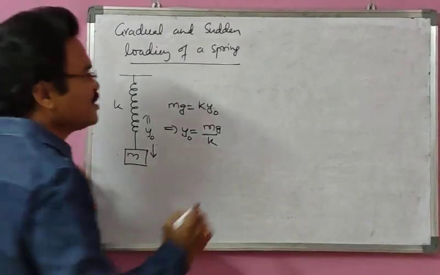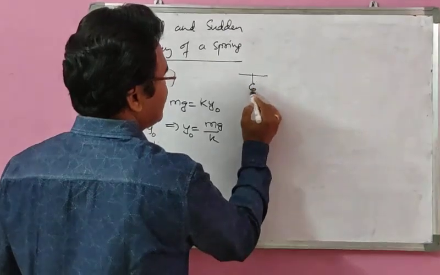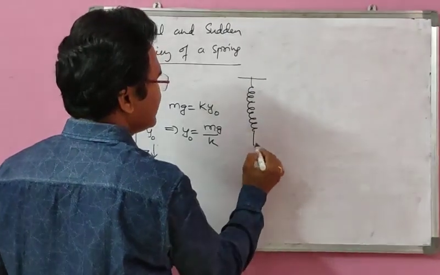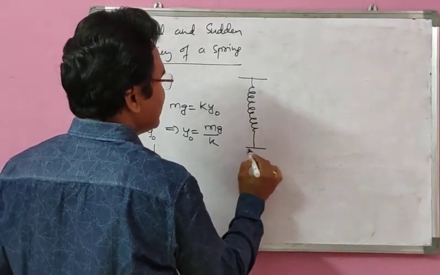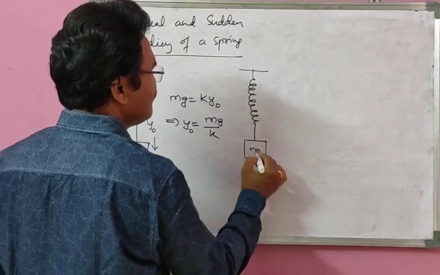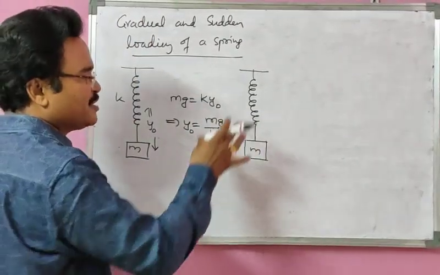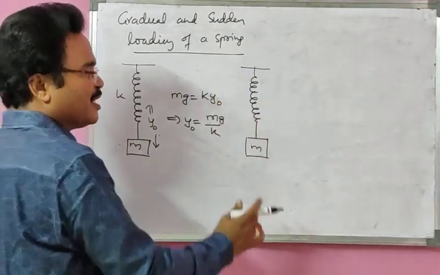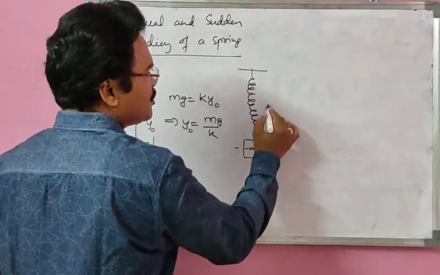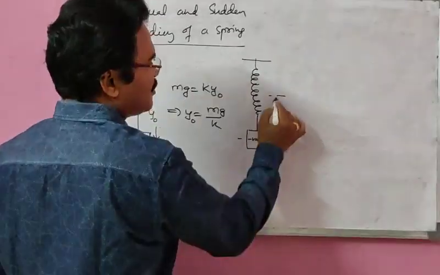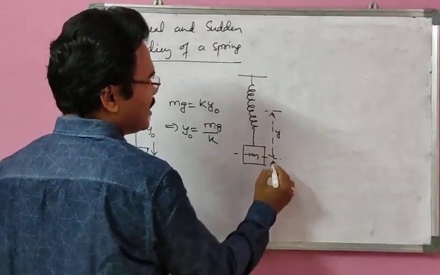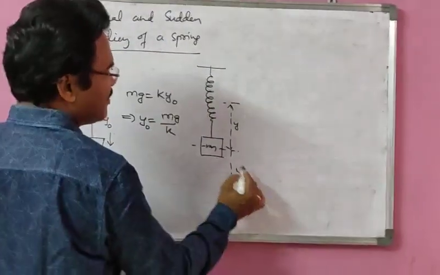Now, sudden loading means what happens here. This is a spring of constant K. When you attach a mass M and leave it freely, the spring oscillates about its mean position. Let us consider it goes up and down by the same amount y.